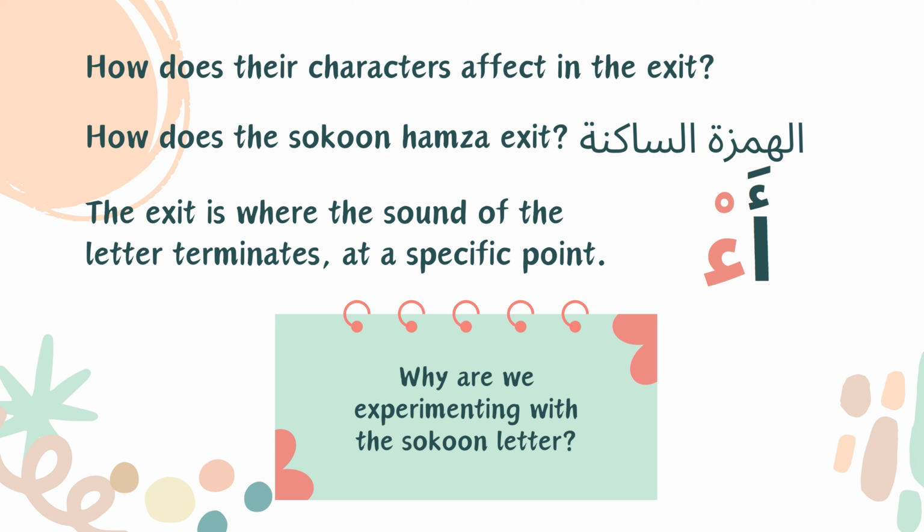Now, how does the sukoon hamza exit? As I mentioned before, and I will keep reminding you, to know the exiting point of a letter, we use it in its sukoon form with a preceding hamzatul wasl, with any of the three movements.